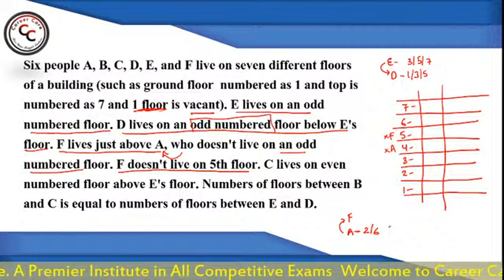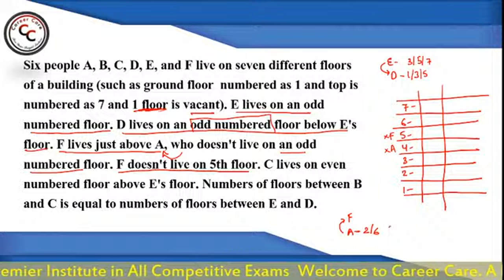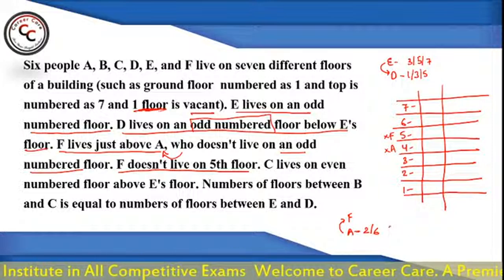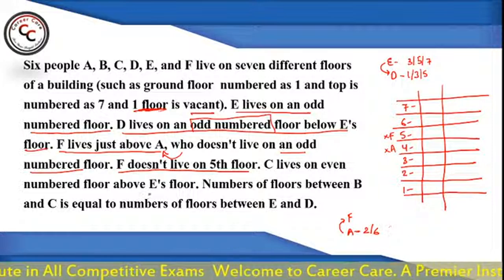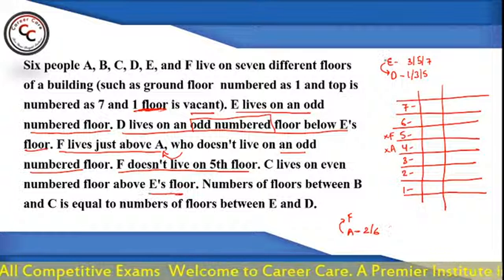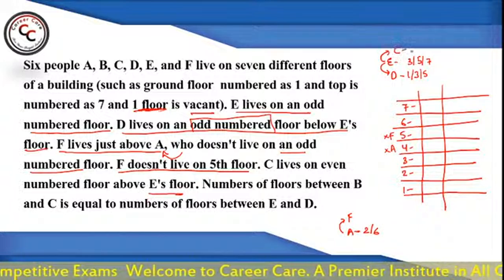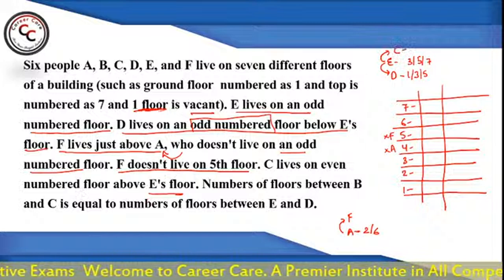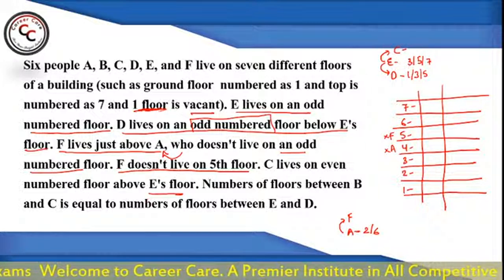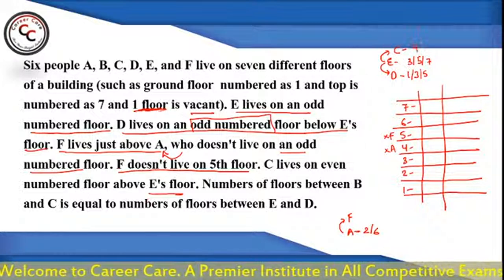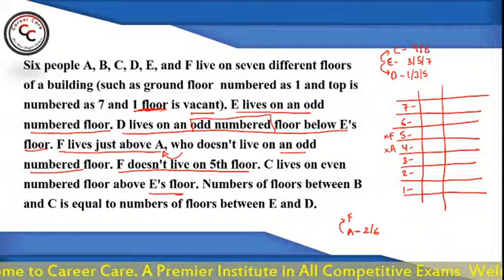Simple. Then C lives on an even floor above E's floor. So above E, C will be present, but C will be present on which floor? Even floor. So we know that. So if E is on the 3rd floor, C can be on the 4th floor or 6th floor. These are the only 2 chances.